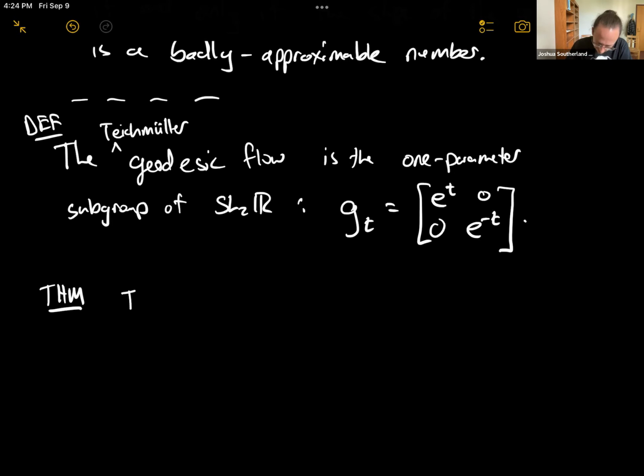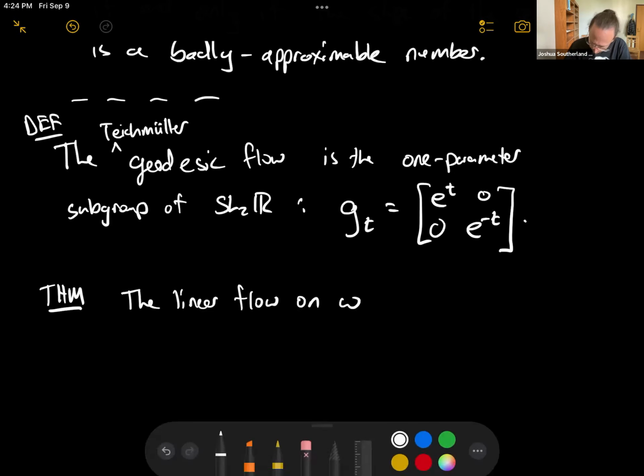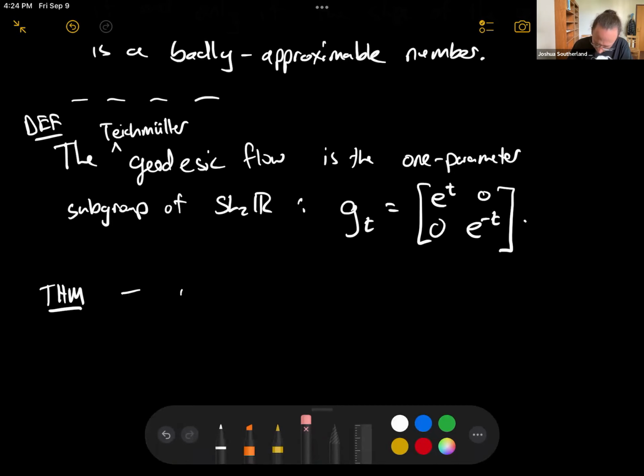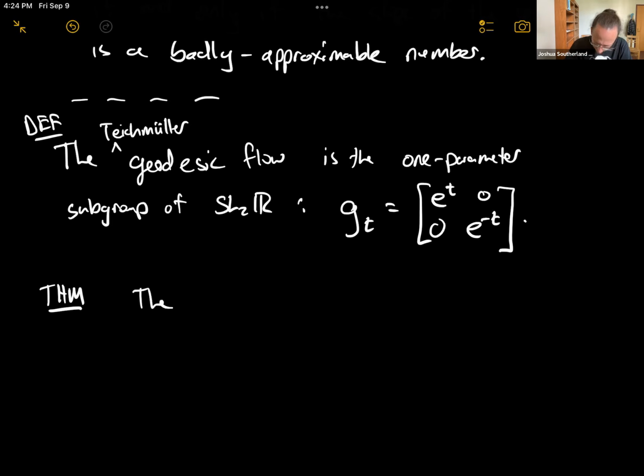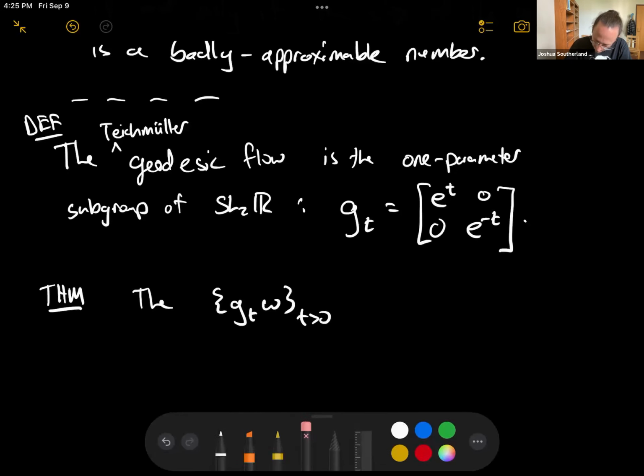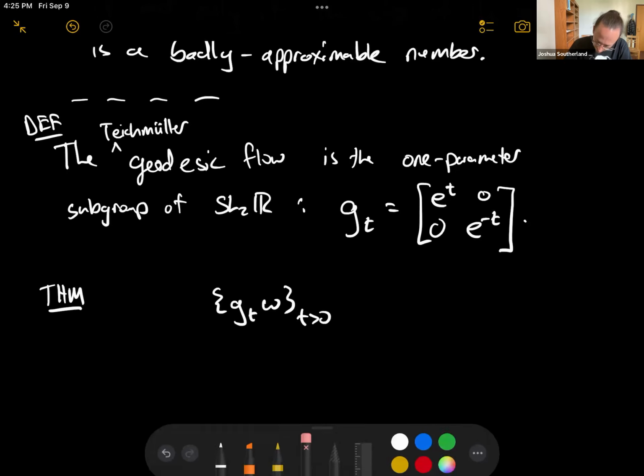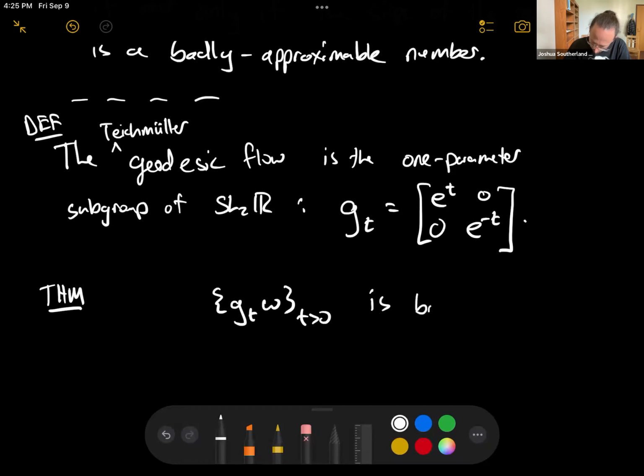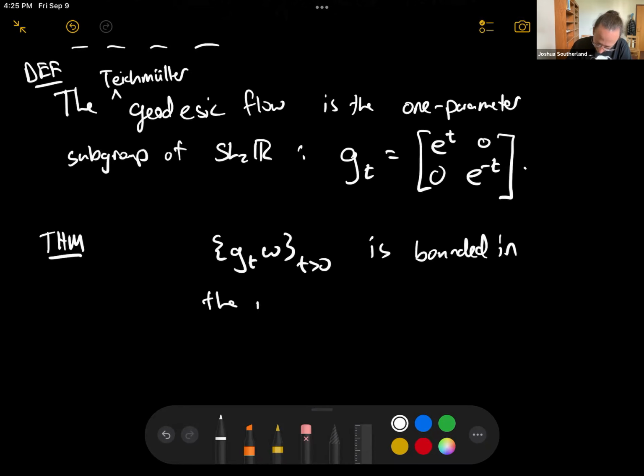The Teichmuller geodesic for t greater than 0 is bounded in the moduli space.